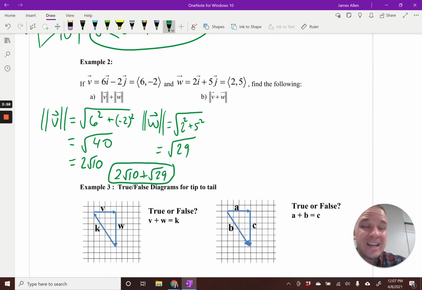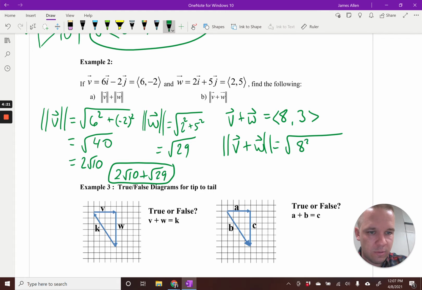That's it. Now with the other one, we need to add them together first. So I'm going to get v plus w. That's going to be 6 plus 2 is 8. And then negative 2 plus 5 is 3. And now I'm going to take the magnitude of that.